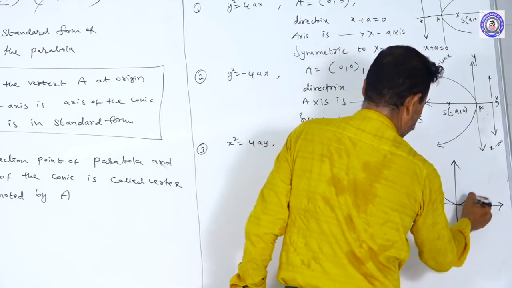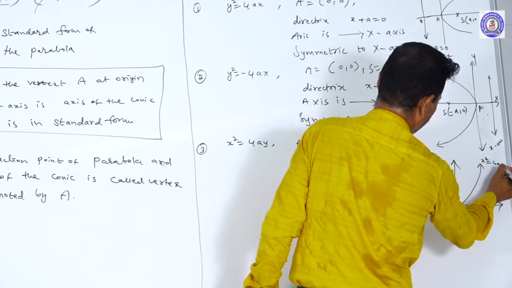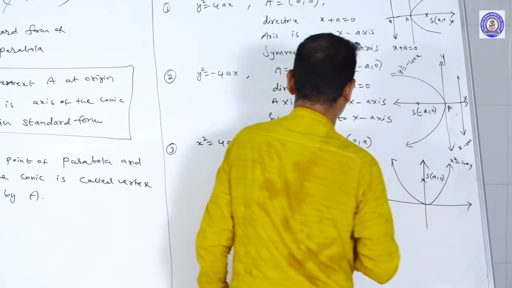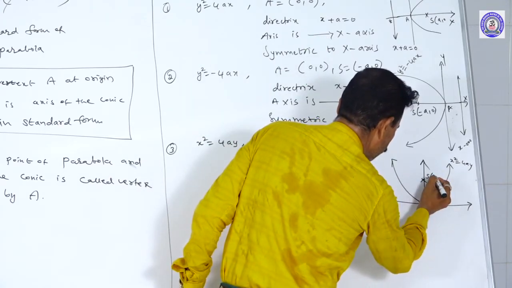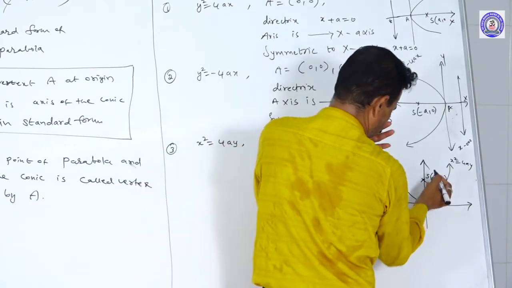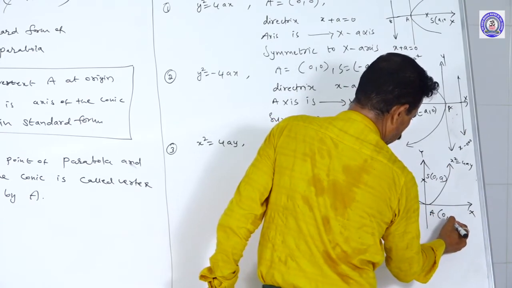This type opens above. Here the focus S is 0 comma A, because it lies on the y axis, so the x coordinate is 0. This is the x axis, this is the y axis, and the vertex A is 0 comma 0.